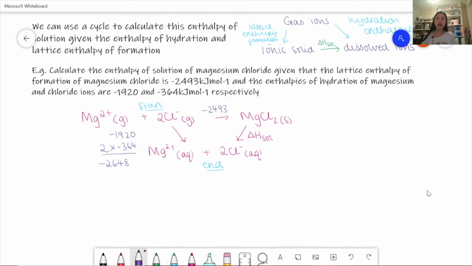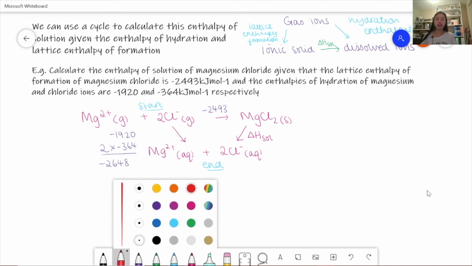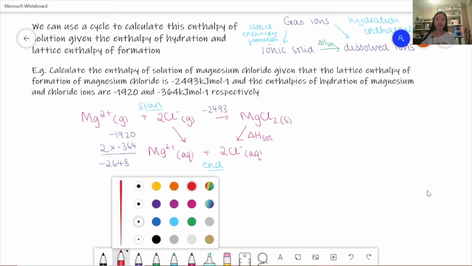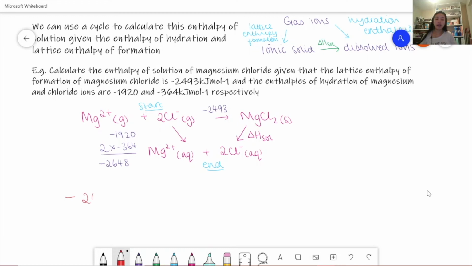And so we form an equation. So our equation is minus 2,648 equals minus 2,493 plus delta H of solution, and rearranging that gives that the delta H of solution is equal to minus 155 kilojoules per mole.